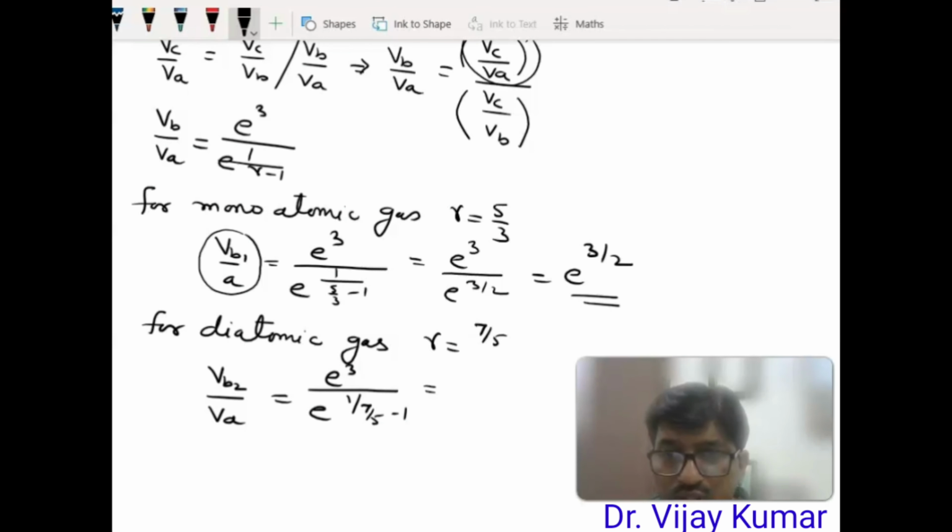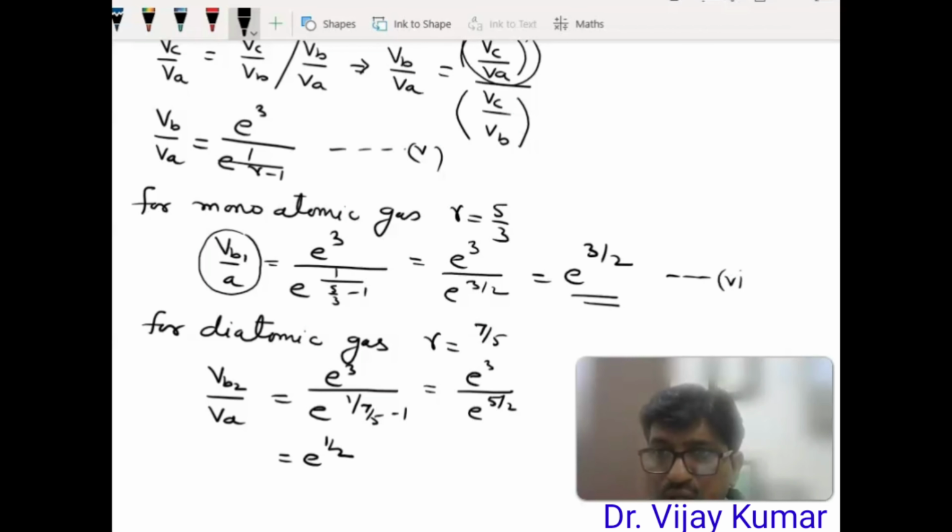So it becomes e cube upon e to the power 2 upon 5, which is 5 upon 2, so it becomes e to the power 1 upon 2. So if we take this as equation number 5, this is equation number 6, and this is equation number 7.